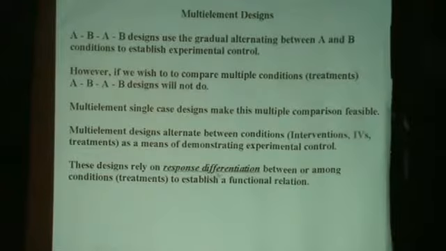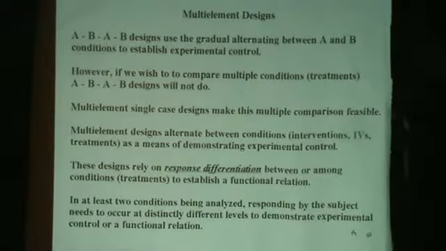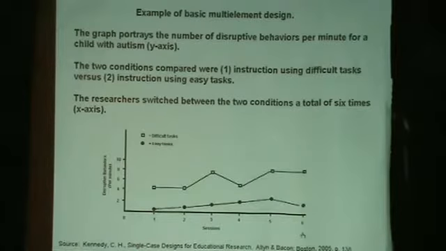If we have this response differentiation, then we can establish a functional relation. In at least two conditions being analyzed, responding by the subject or participant needs to occur at distinctly different levels to demonstrate experimental control. Let's take a look at an example.